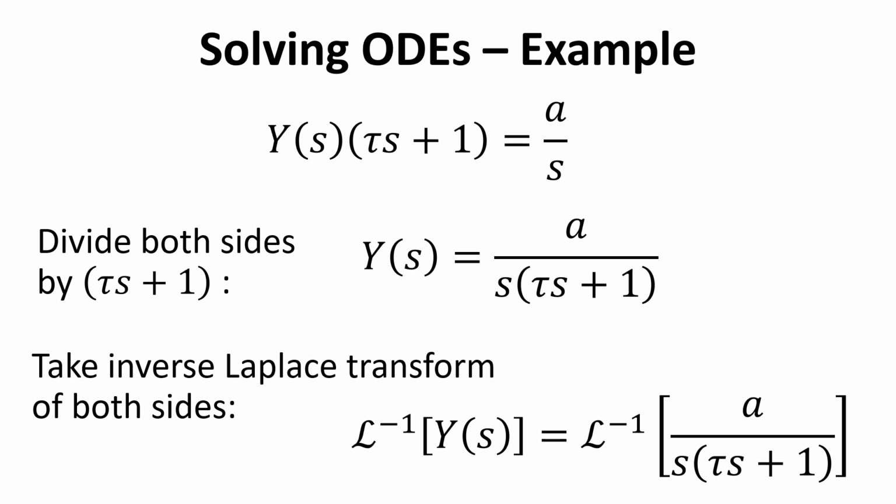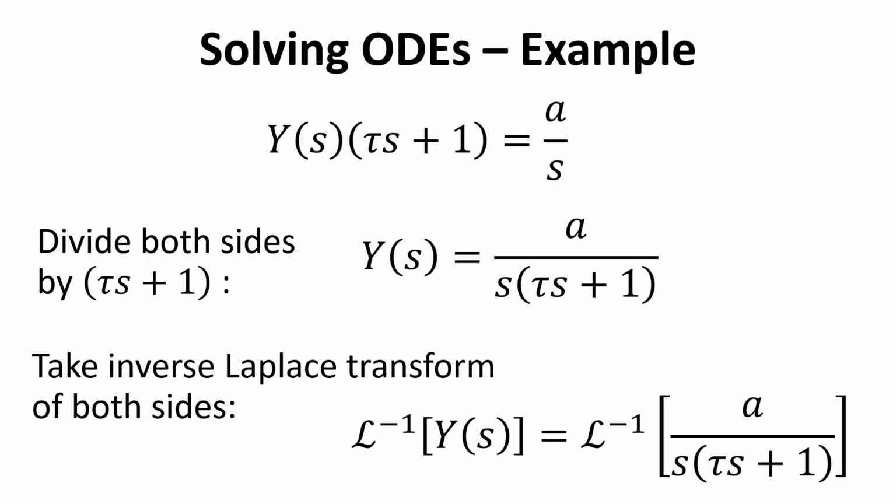Okay, now the way that we tend to do this is by looking up in our table and seeing if we've got a function that's similar to the one that we've ended up with. So have we got something that looks like a divided by s times brackets tau s plus 1, close brackets.